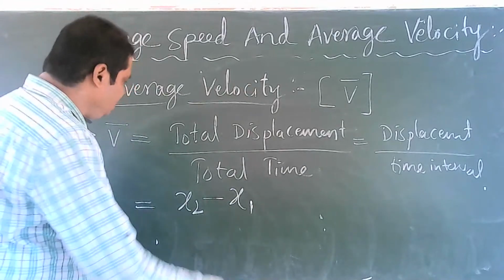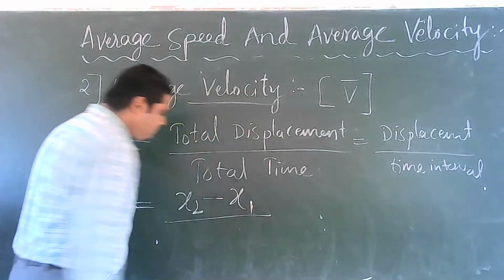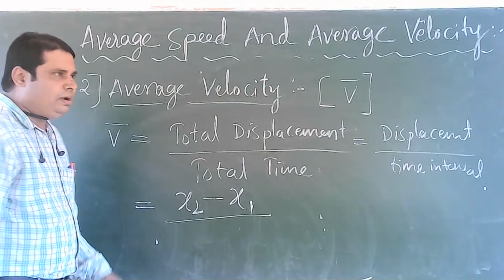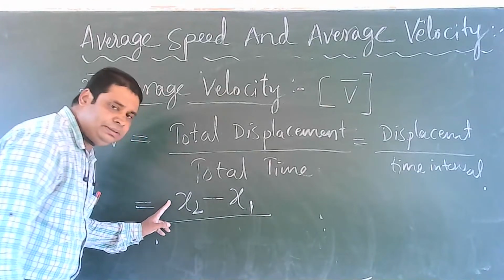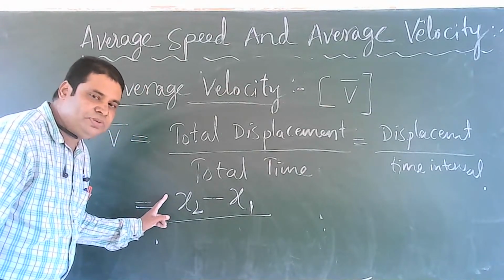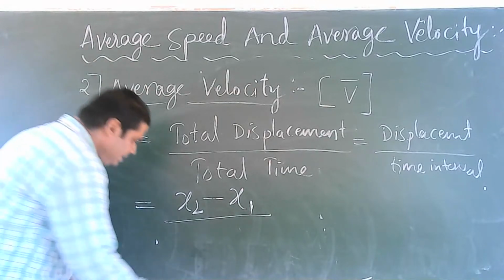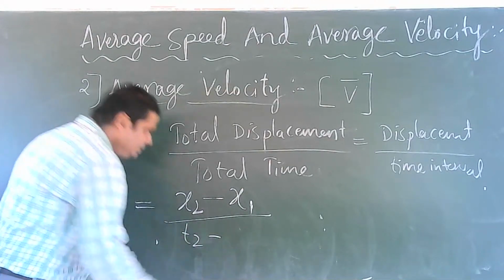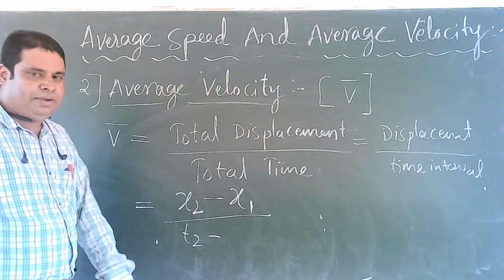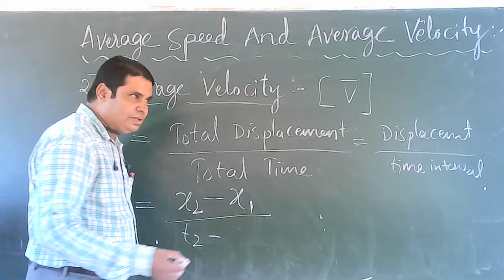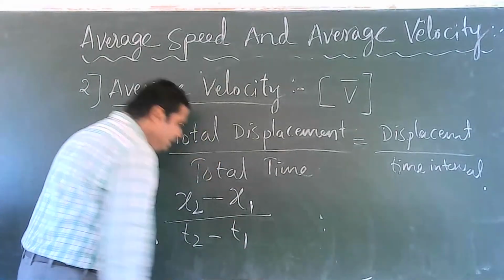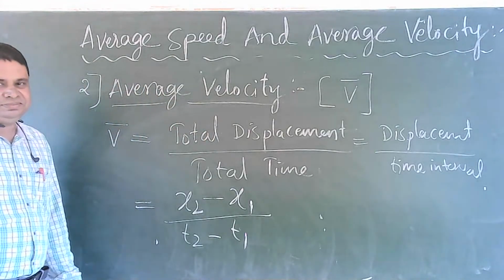Divided by total time. The time at which the object was at the final position, say t2, minus the time at which it was at the initial position, t1: t2 minus t1.